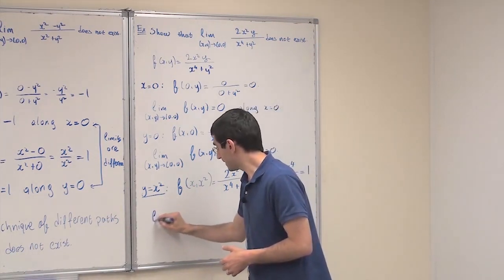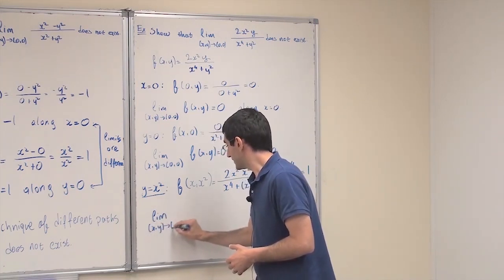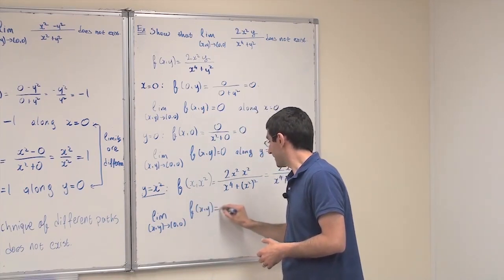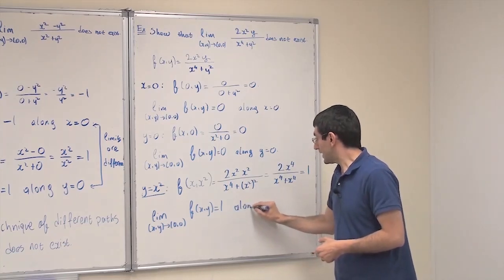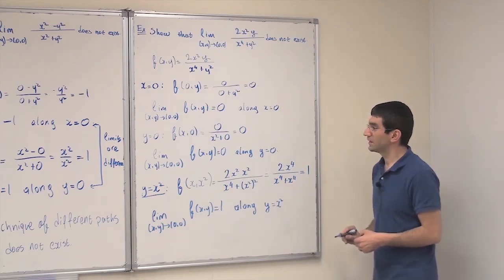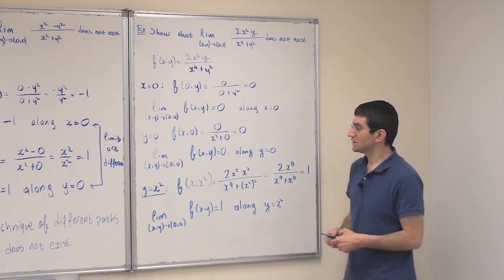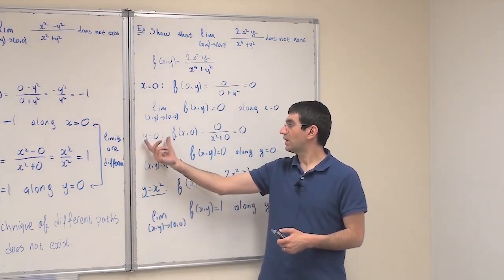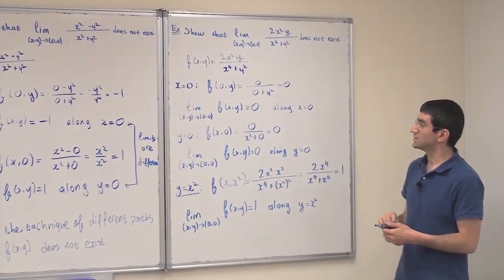Therefore, we have the limit of the function equal to 1 as well along the path y equals x squared. So now, to conclude, you can use the path y equals x squared either with path y equals x or with path x equals 0.